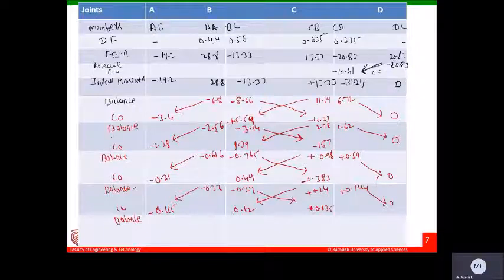Now we can do the balance. Now let us do the balance of this one. If you do the balance, it will be 0.12, 0.12, 0.12, 0.12, 0.44. So we'll get 0.0... Here point.